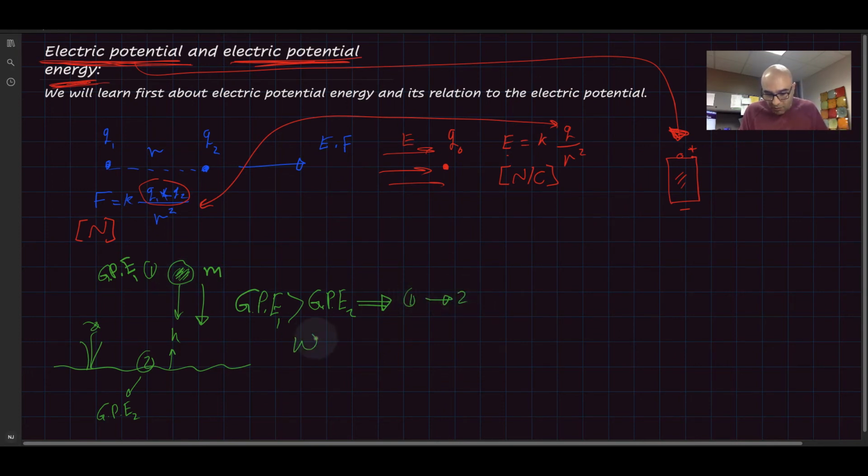And from there we found the work from point 1 to point 2 is equal to GPE1 minus GPE2 and so forth. That's what we did in the past.